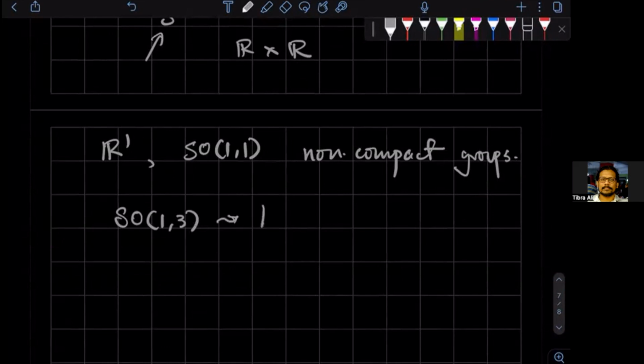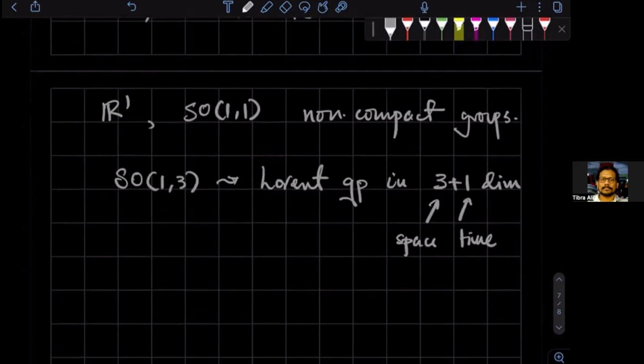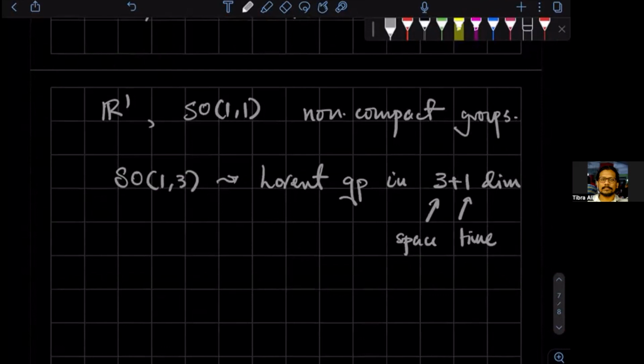So this is the Lorentz group in 3+1 dimensions, right? 3 spatial dimensions and 1 time dimension. So this is the group which defines the Minkowski space.